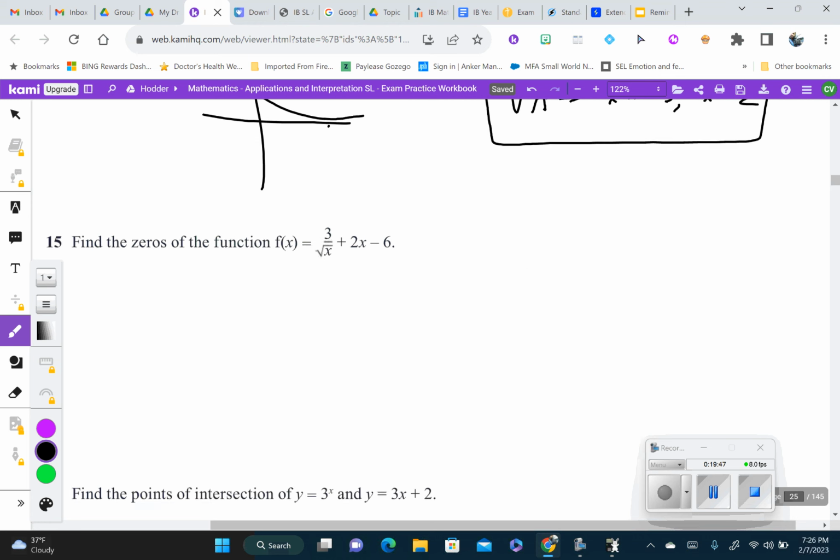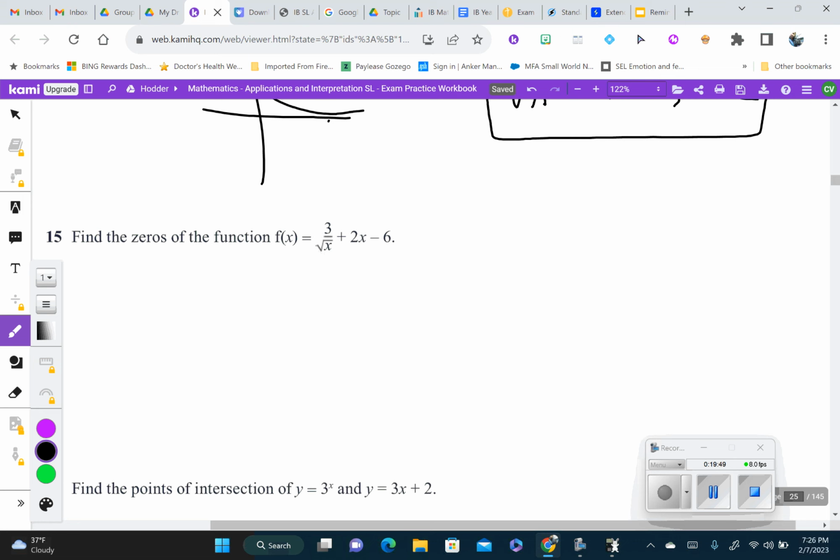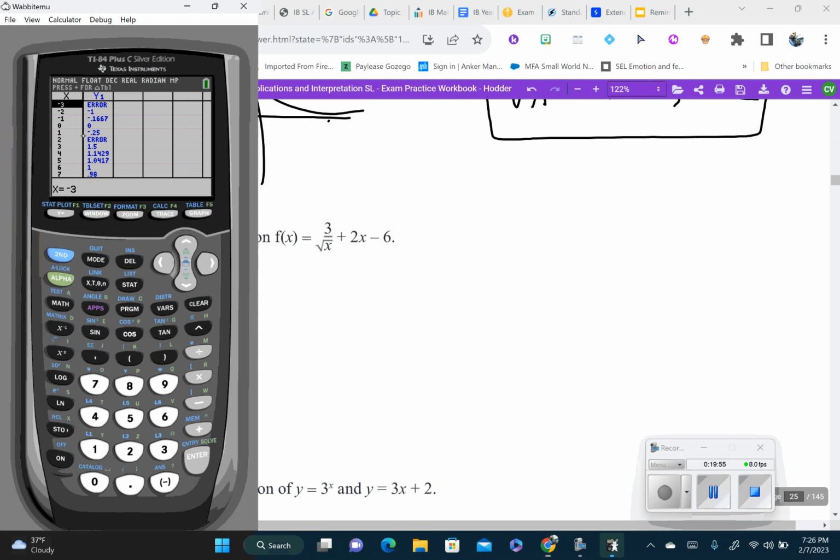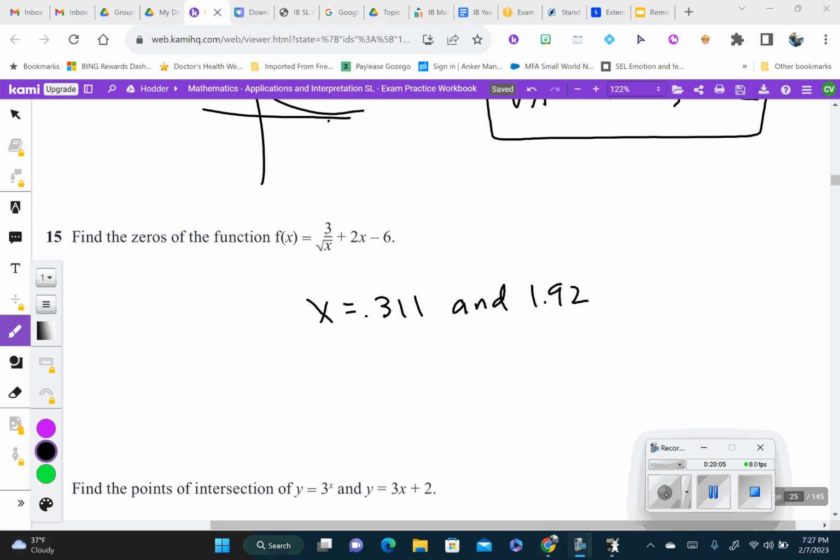Find the zeros. This is literally just plugging it into the calculator and looking for the zeros of the function. So your calculator will do it for you by hitting second trace, and you're looking for option number 2, which is zeros. Ask me if you do not know how to do this. So our two zeros are going to be 0.311 and 1.92. Okay, so those are our zeros.